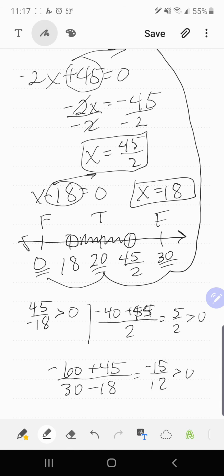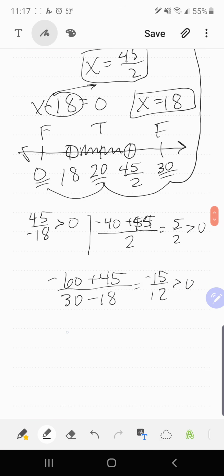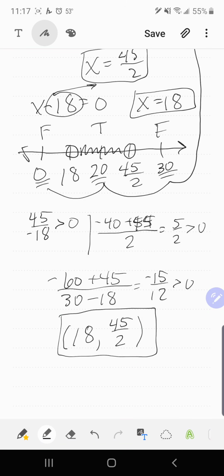And so now, looking at the region that is shaded, we can get the solution. That's going to be everything from 18 to 45 halves. And those are both parentheses because they're both open circles. And that's the solution.